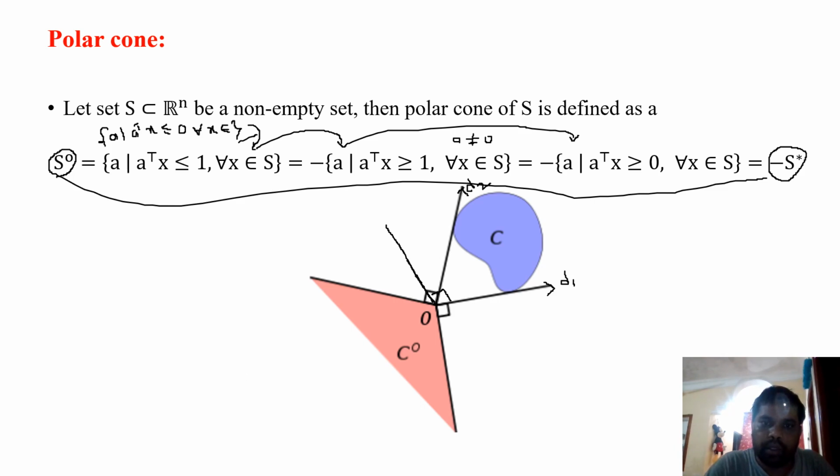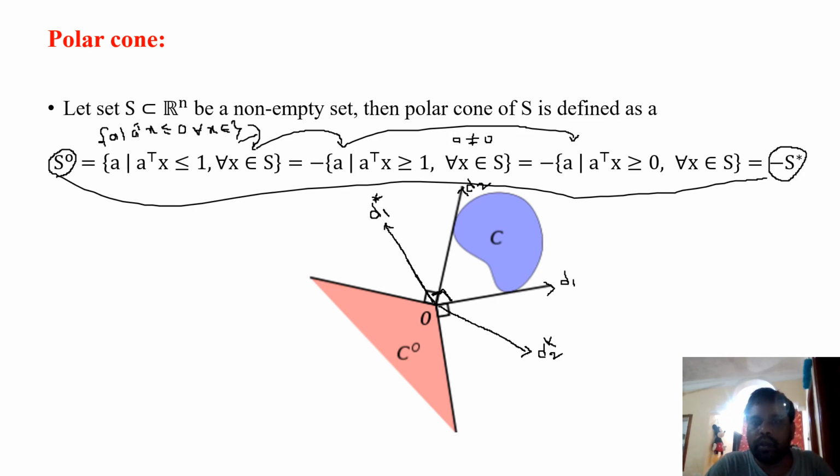The plot might not look very clear, but here I am giving a sense that it is perpendicular to d1. This direction we are calling d1 star, that means the dual extreme direction. Again, find the perpendicular to direction d2, and it will give you the dual direction d2 star.